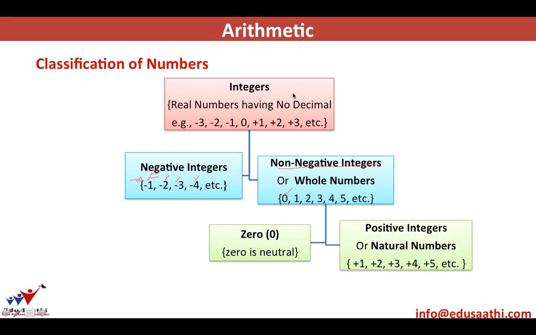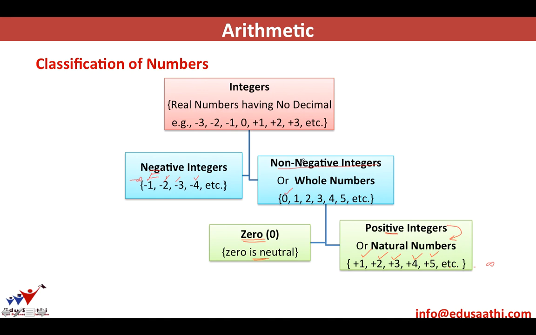Non-negative could be a case of 0, which is a neutral case, or positive. Positive integers are also known as natural numbers. So plus 1, 2, 3, 4, 5 goes on up to plus infinity. All of these positive integers are also known as natural numbers.